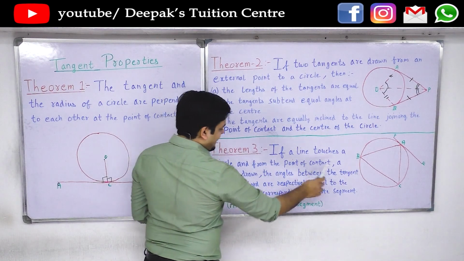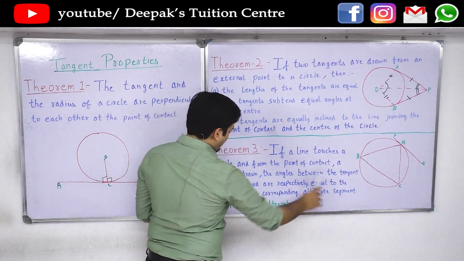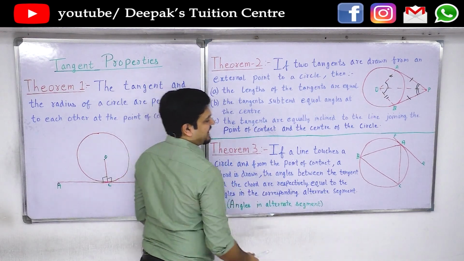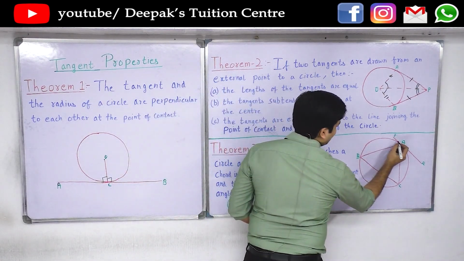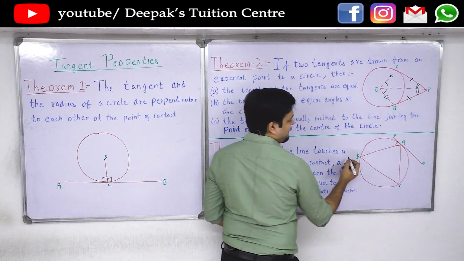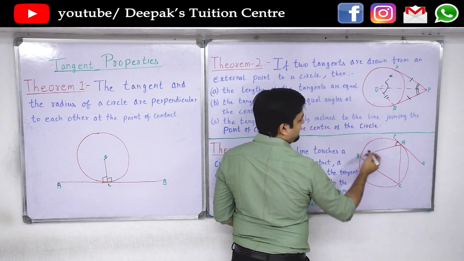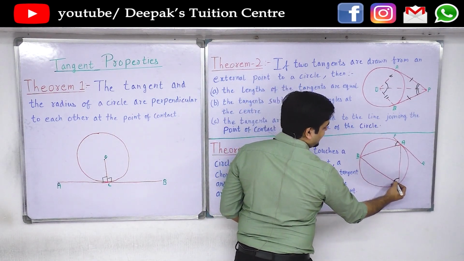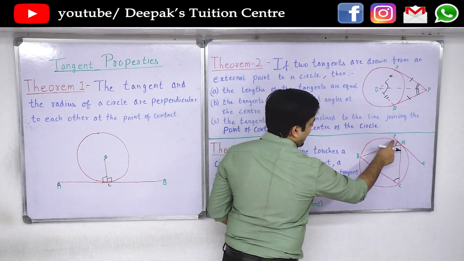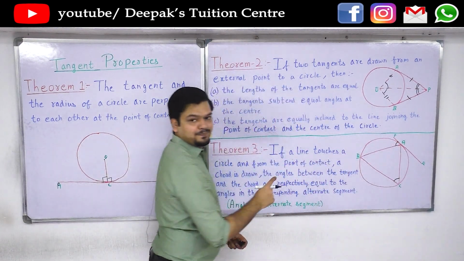The angle between the tangent and the chord is equal to the angle in the corresponding alternate segment. So if I consider the angle between the tangent and the chord, that means angle PAB, then it will be equal to the angle that is subtended by this chord at the circumference of the circle. Therefore angle PAB is equal to angle ACB.